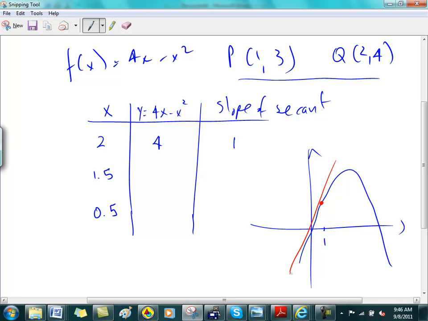You're taking the slope of a secant line by getting the point, this line here, and then this point is moving closer and closer to that point, from both sides. So the slope of your tangent line should be somewhere between whatever answers you get in here. That's what they're trying to make you explore. So this is an exploration.